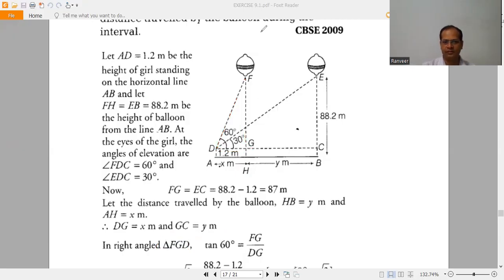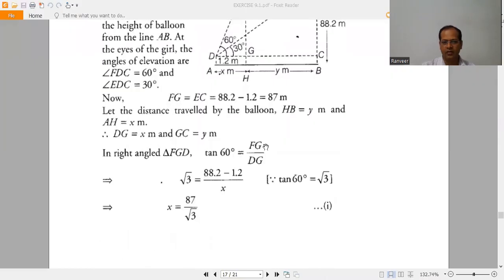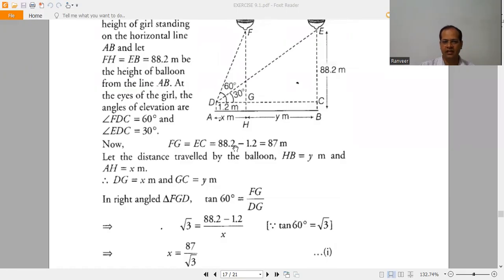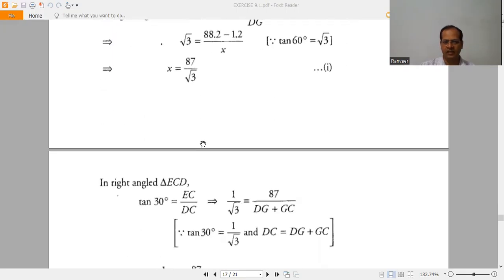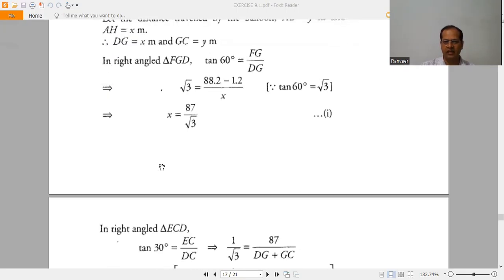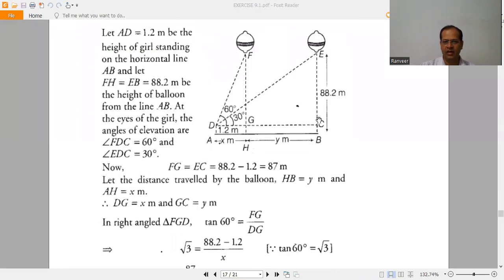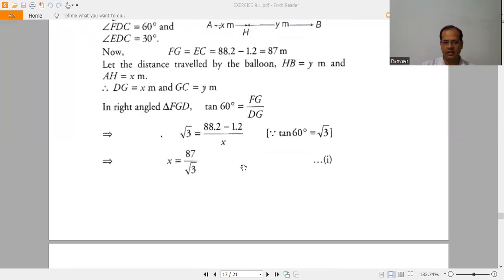FG is equal to total 87 meter divided by x. This is the length x when the angle of elevation is 60 degree. So 87 by root 3. Similarly, for tan 30 degree, is nothing but EC by DC.